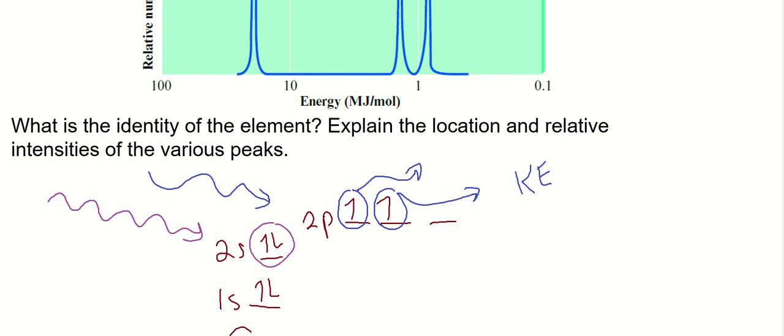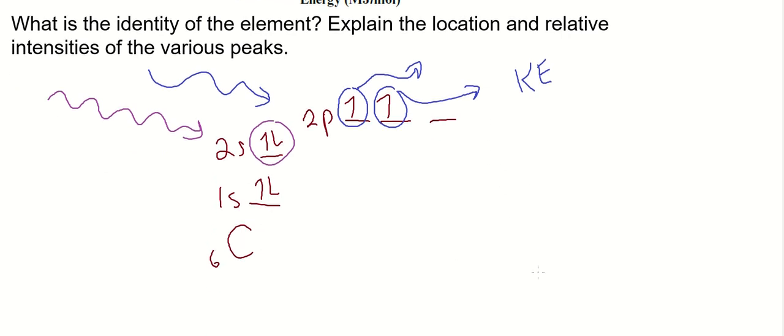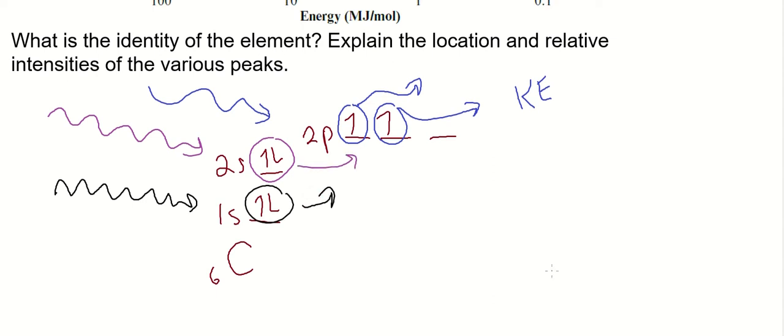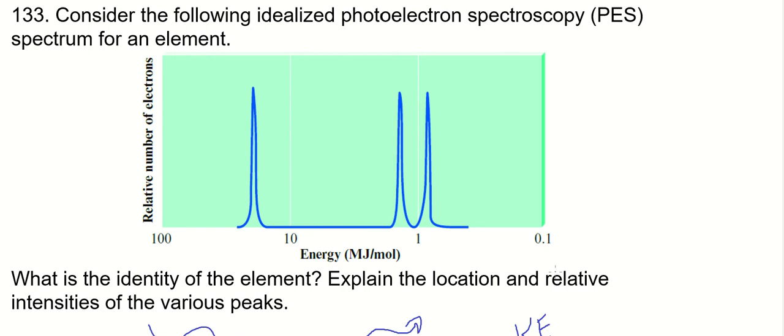And then if you increase the frequency, eventually we can use X-rays to strip every electron off, with even more energy, and then we can get all 6 electrons to eject. So that's what's going on here.